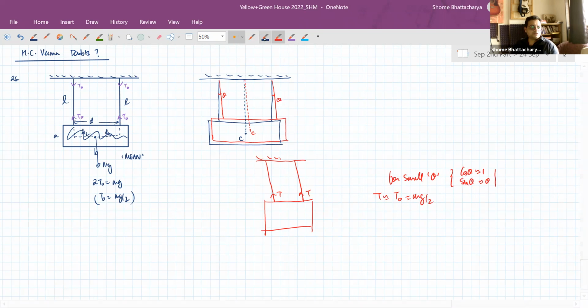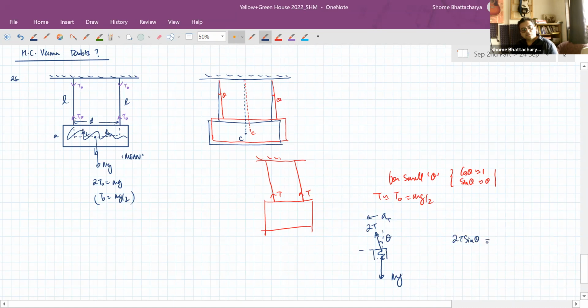So in the FBD of this object, there is mg acting like this, and there is this 2T which is acting like this. So it is having an acceleration in this direction, which is a tangential acceleration. So 2T sin theta becomes mass into tangential acceleration.